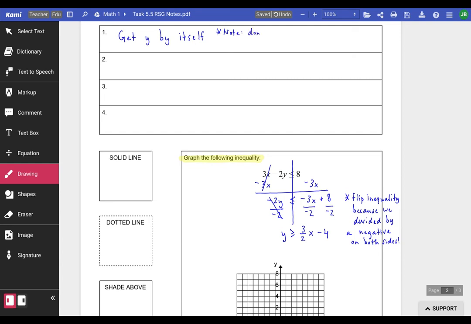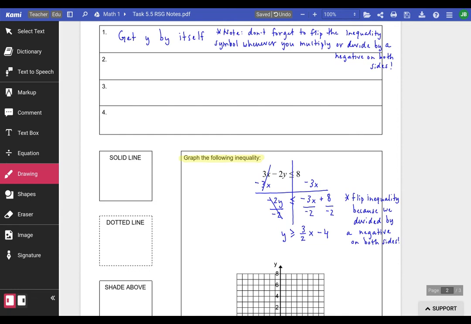Don't forget to flip the inequality symbol whenever you multiply or divide by a negative on both sides.